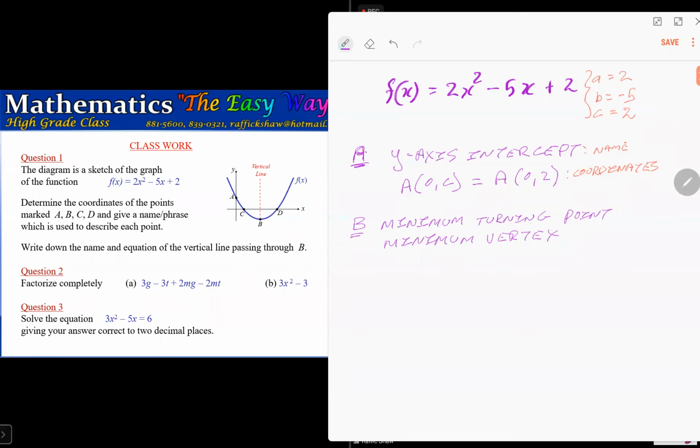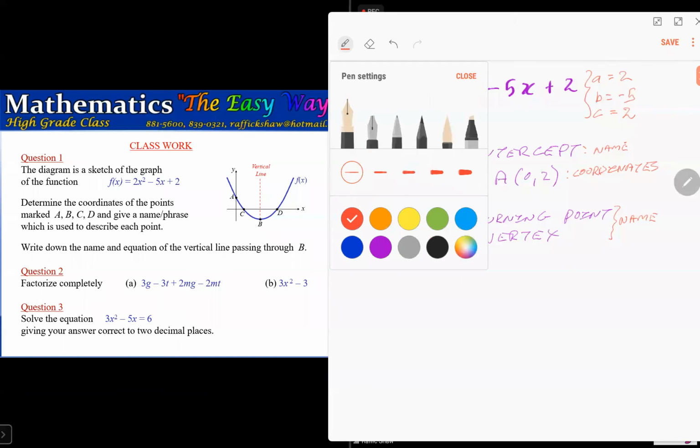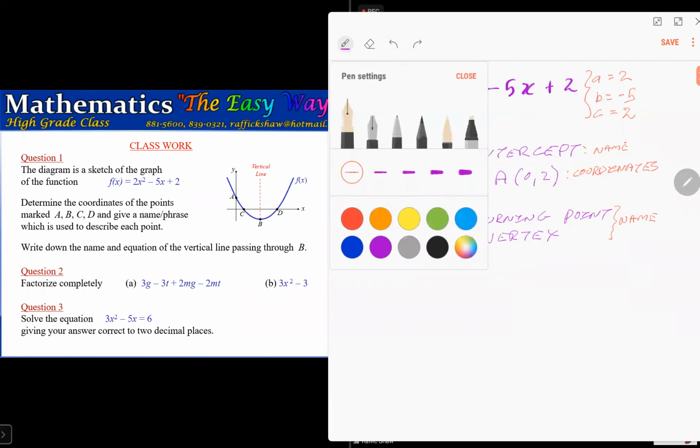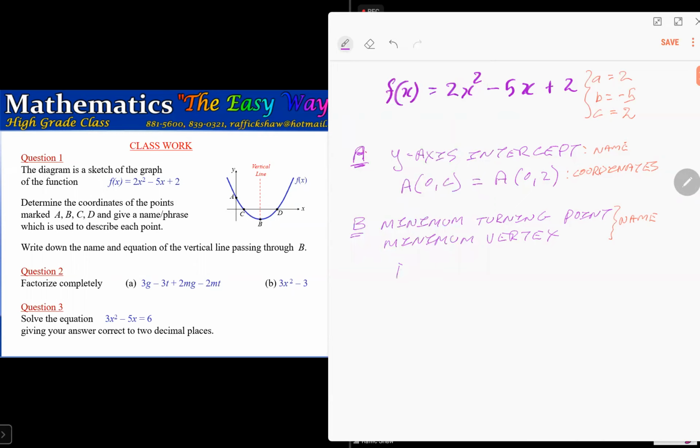Right? And this now is the name or phrase of it. These two are the name or phrase of the point B. And then the coordinates now, coordinates of B is xt, yt.